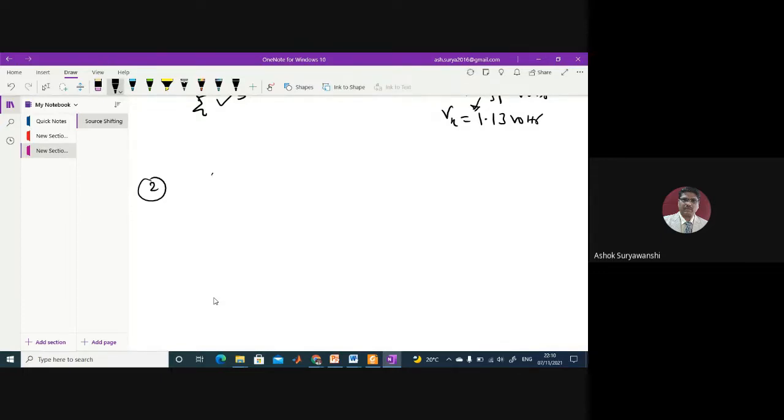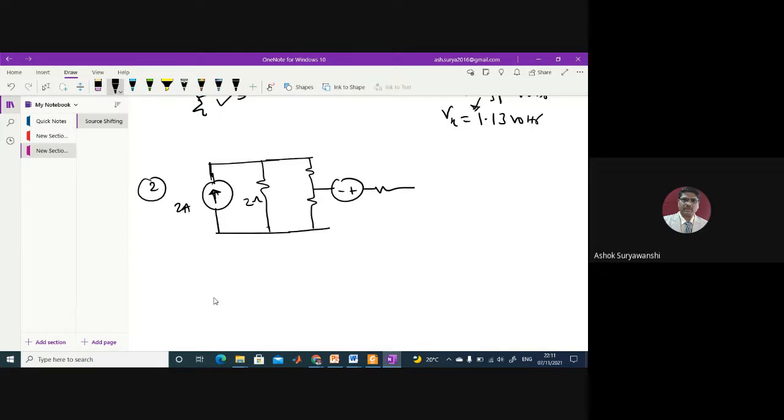In this numerical, I will draw the circuit diagram first. This is the current source having value 2 ampere, a resistance of 2 ohm, then 1 ohm, 1 ohm, and there is another current source here having a value of 1 ampere, 1 ohm, and another resistor of 1 ohm.